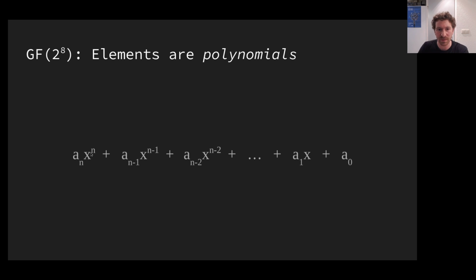This follows a pattern: x to the n minus 1, x to the n minus 2, going down with powers as you go along. And finally, this one doesn't have a power, so the final one is just a constant.